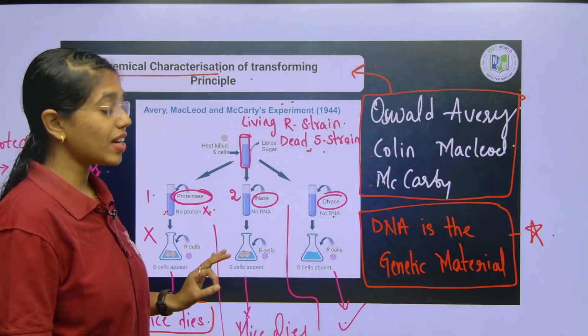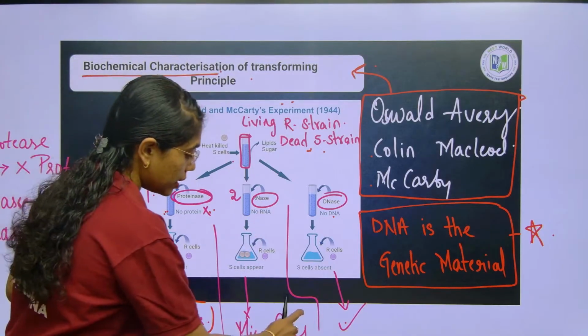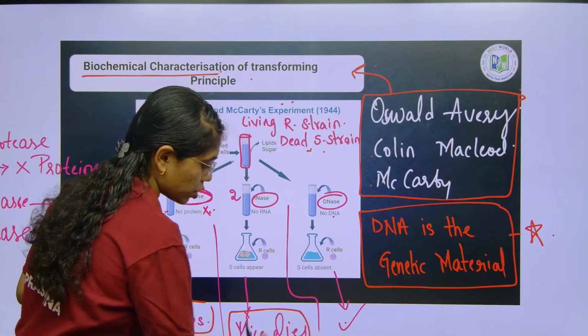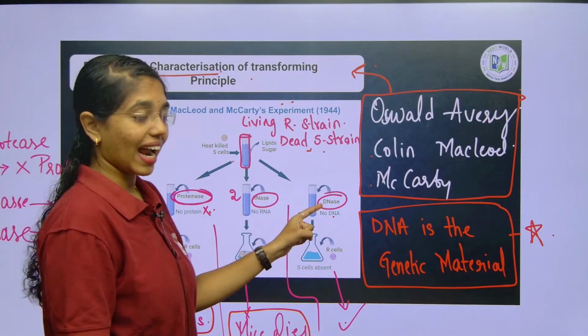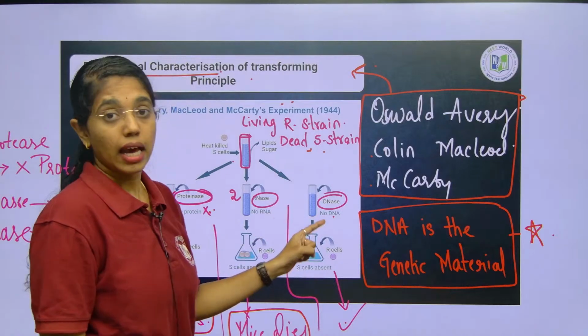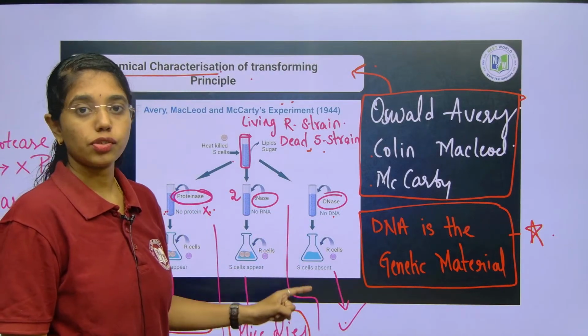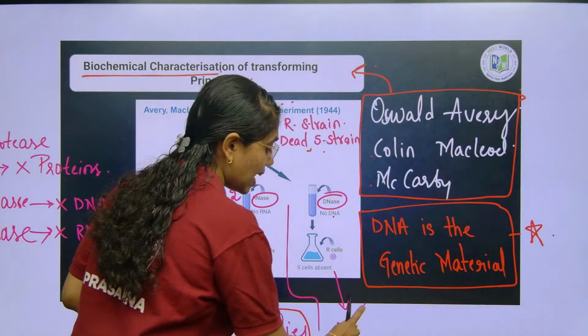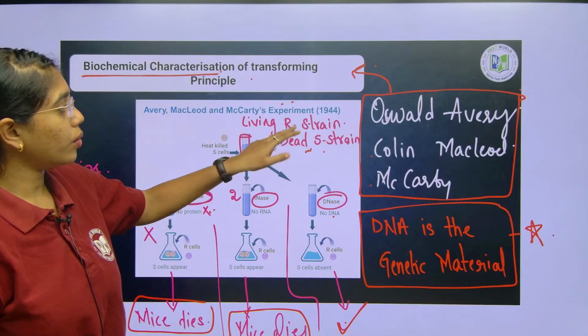In the second phase, when RNase is added, in the absence of RNA also, there is no effect on the transforming principle. But in the third phase, when DNase is added and there is no DNA, you can see a clear effect on the transforming principle because the mouse is alive. There is nothing that has been transferred from dead S strain to living R strain.